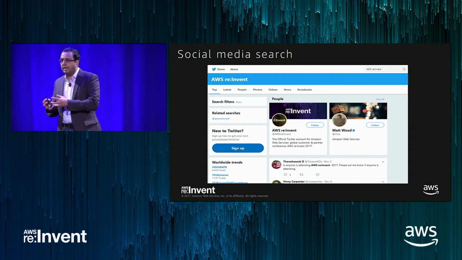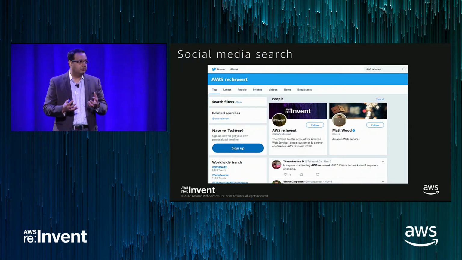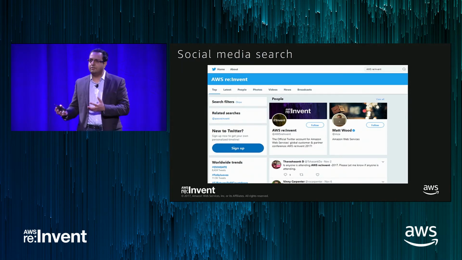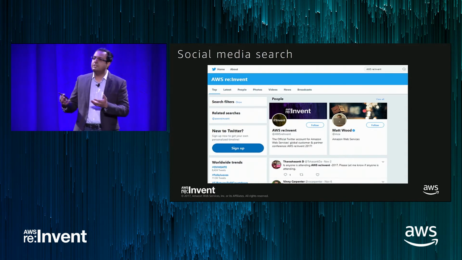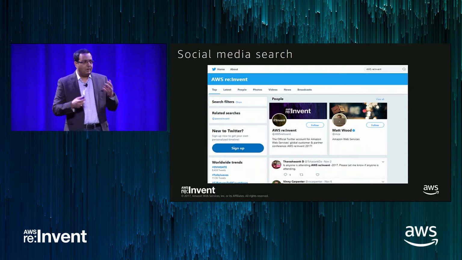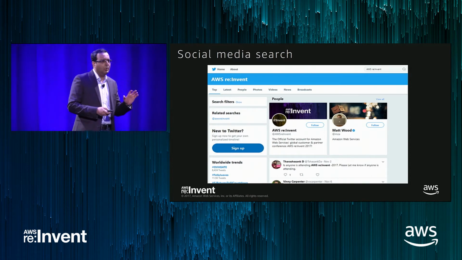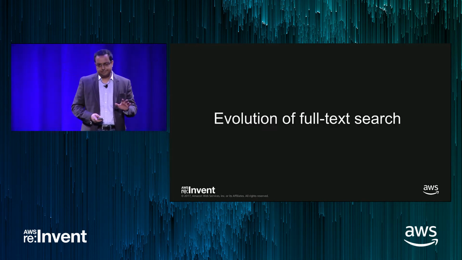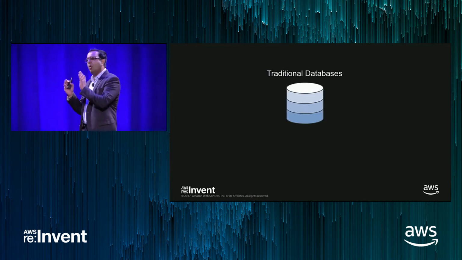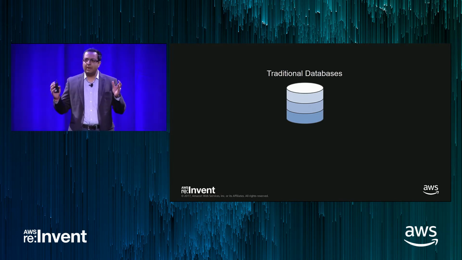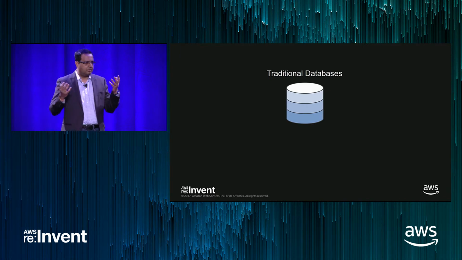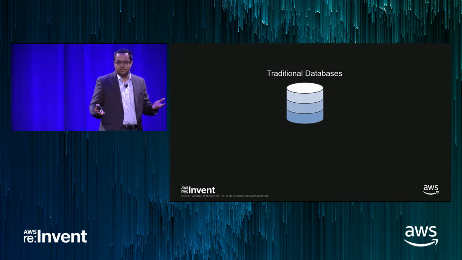But for us to understand how to actually build an architecture that can stand the test of time, we should get a better sense of where search stands today. So to understand that, how about we look quickly at the evolution of search? If you go back a few decades in time, your primary source of data was your traditional relational database.